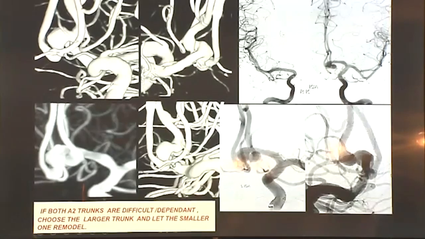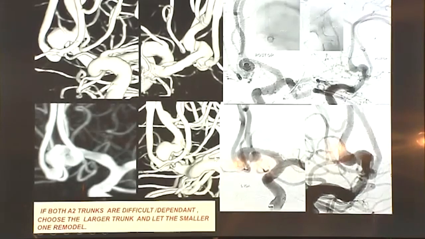Another example, right A1 is not filling at the beginning. The entire ACOM is actually dysplastic, and we choose the larger trunk and let the smaller one remodel if both branches are difficult.